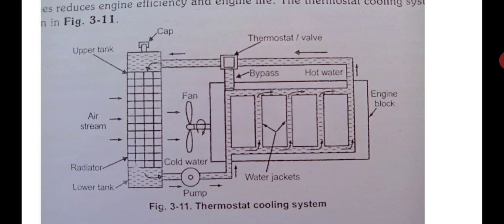Once a preset temperature of say 70-75 degrees centigrade is attained by the water, then this thermostat valve will open and allow the hot water to flow to the radiator. So this is the role of the thermostat valve, and this is known as the thermostat cooling system. Very frequently asked in the university examinations.